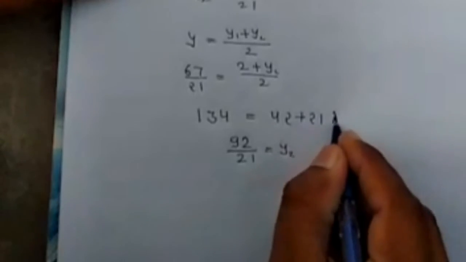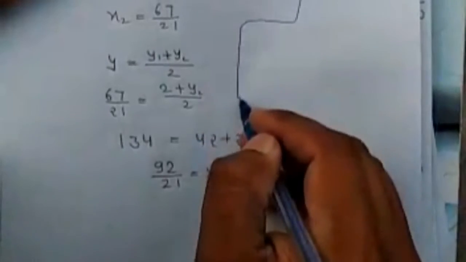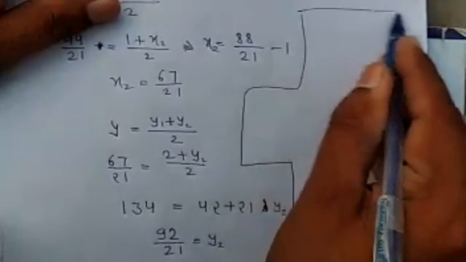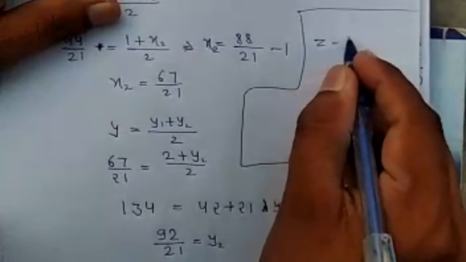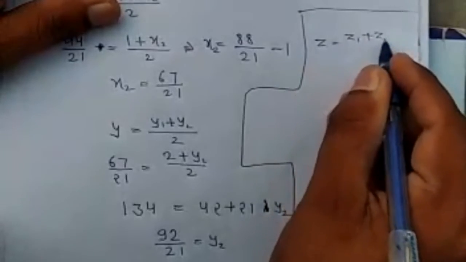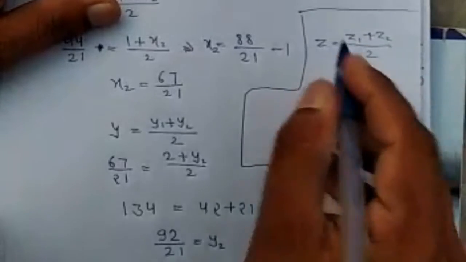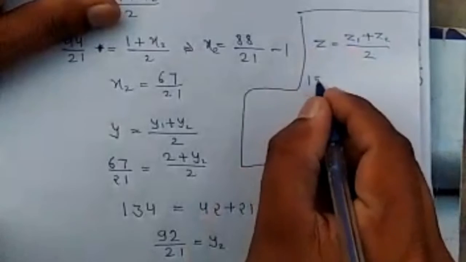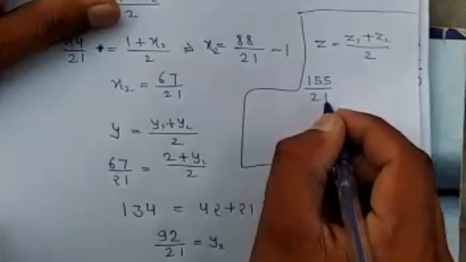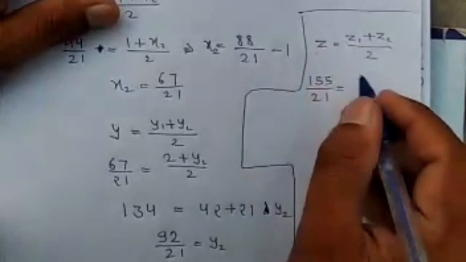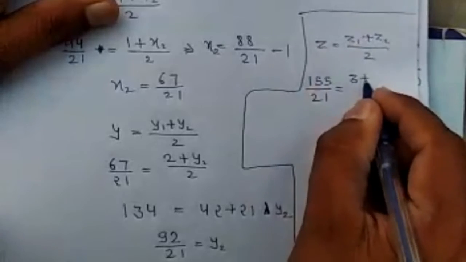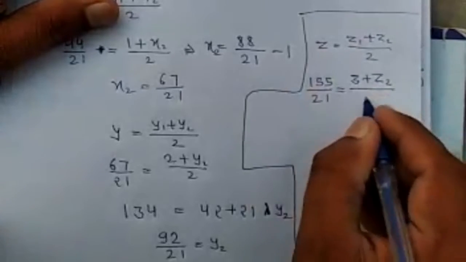Sorry, it is y2, and z equals (z1 plus z2)/2. The value of z is 155/21, z1 is 3, plus z2 unknown, divided by 2.